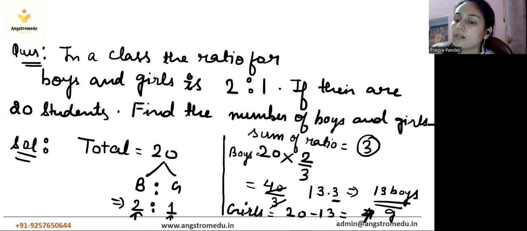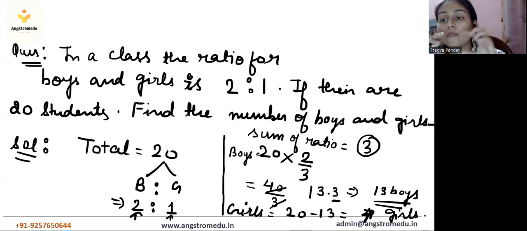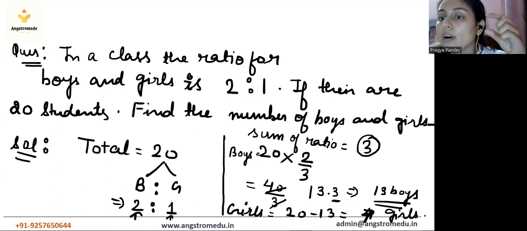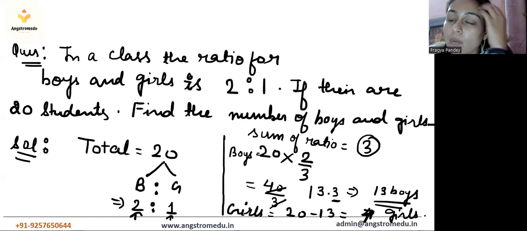So 7 are girls, basically. So from this question, we came to know that if the ratio is given to us, we can divide a particular thing or a number in that particular ratio. Okay, so let's just solve one more question based on this concept. So let me just change the page.